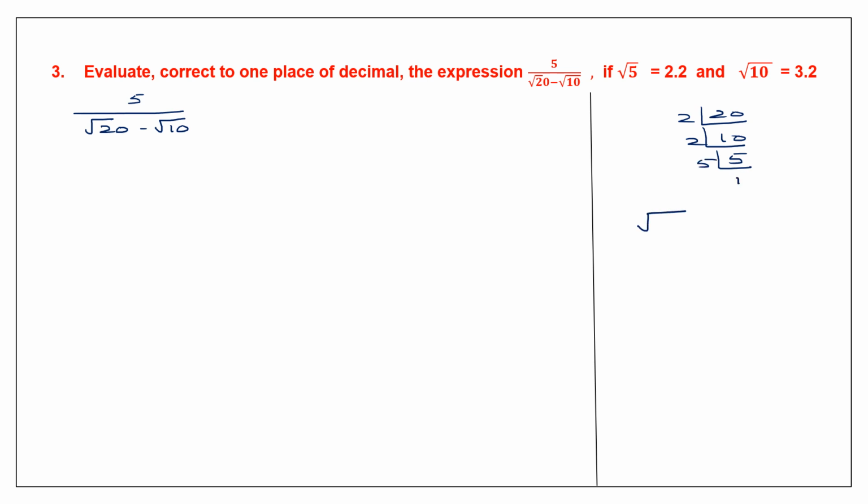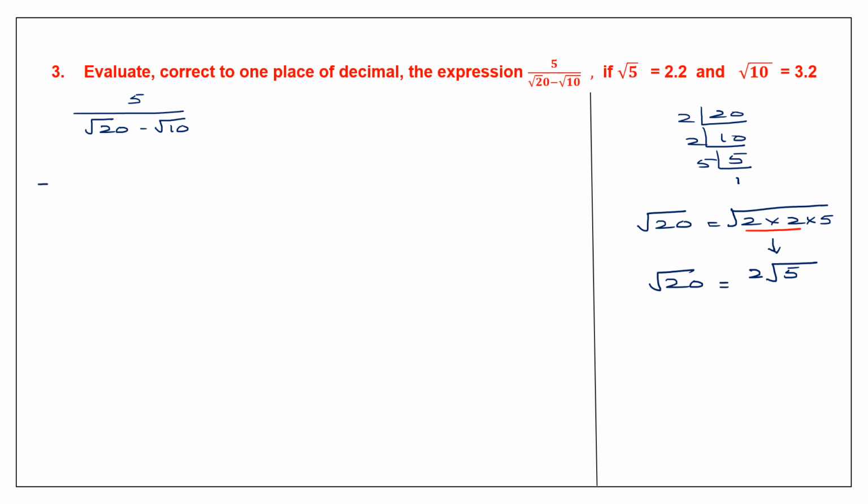So the square root of 20 will be the root of 2 into 2 into 5. Since it is a square root, we pair them up. Now we have a pair of 2's there. So we bring one 2 out of the root, whereas 5 remains inside the root. So root 20 is now 2 root 5.